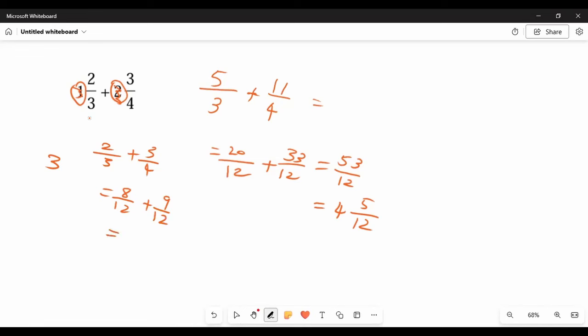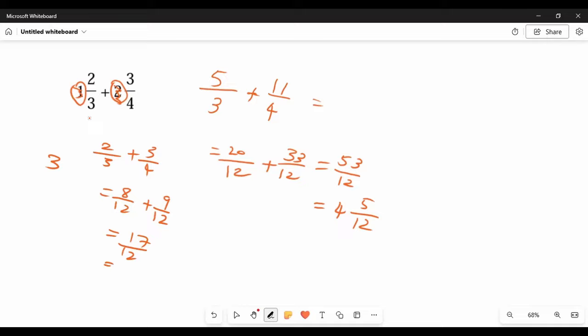So this would give me the answer as, quickly, 17 over 12. Good try. So we'll convert this 17 over 12 to a mixed number.